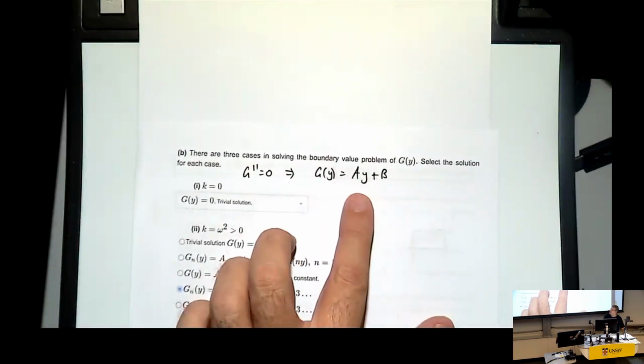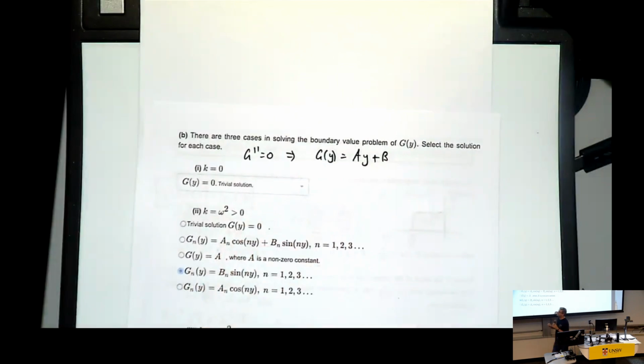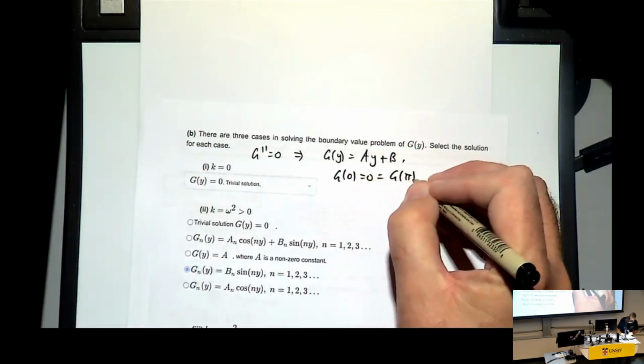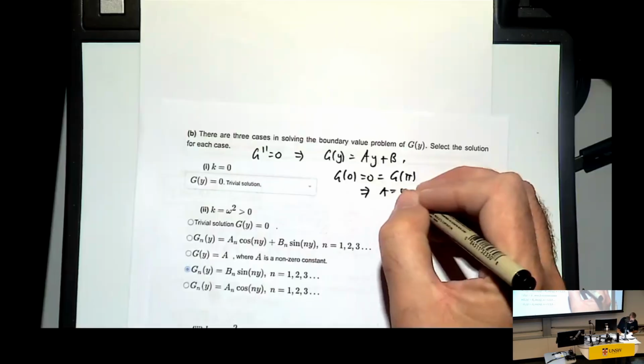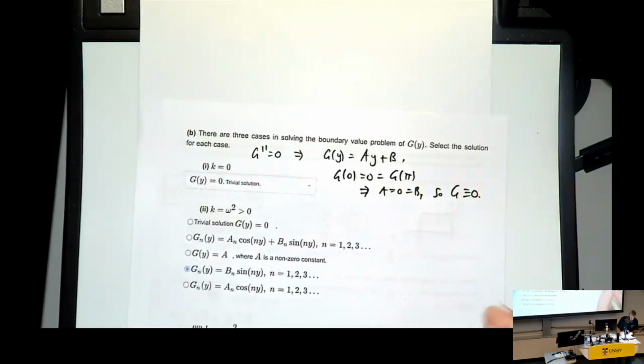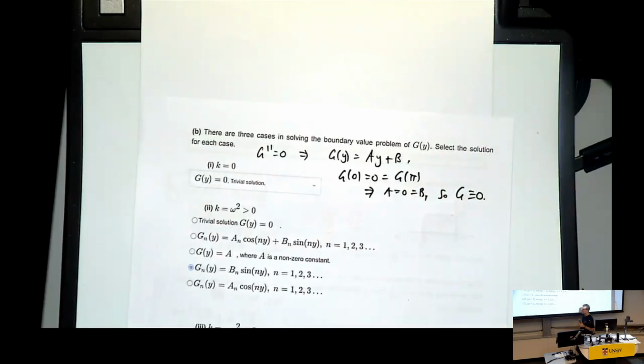Okay? Now the only numbers a and b that satisfy this thing and the boundary conditions are a equals 0. Okay? So in that case, it's just the uninteresting, trivial solution. So we don't care about that.